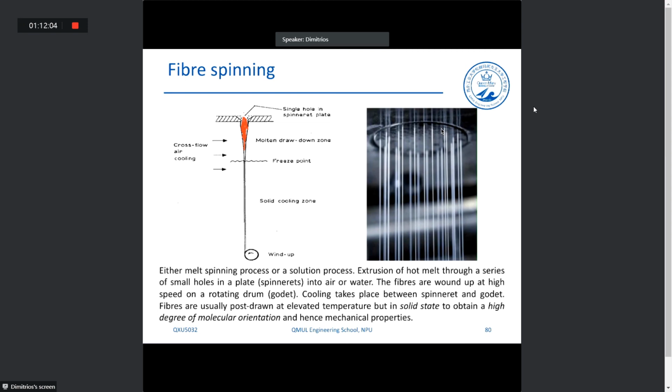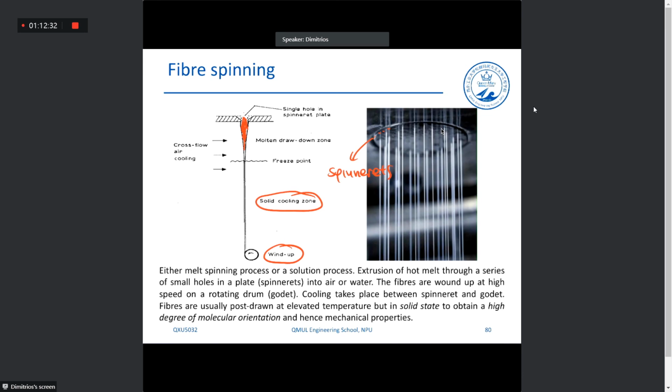Because these fibers have very small diameter, okay, and we essentially stretch them, what do we achieve? We achieve a high orientation of polymer chains, okay? As a result of stretching.